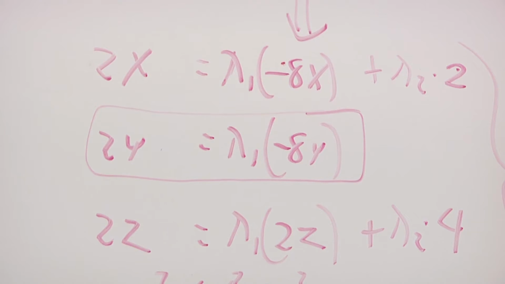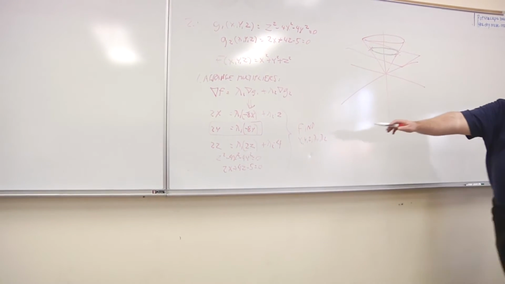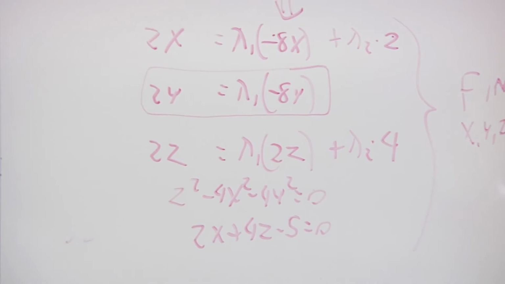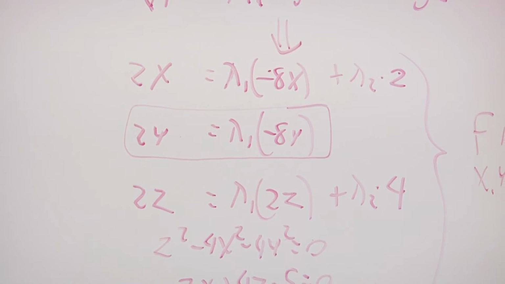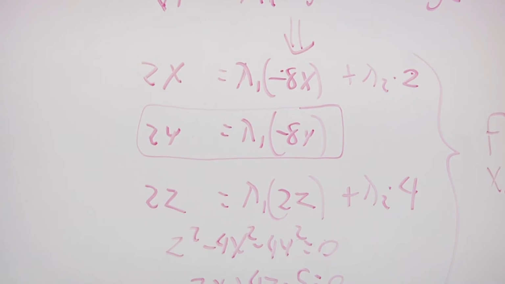Well, valiant effort. But that's one thing that helps to pick this equation as a starting point. Let's focus on this. You can determine the value of lambda with respect to y at least, without having to find both lambdas.